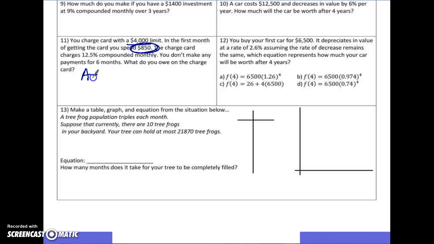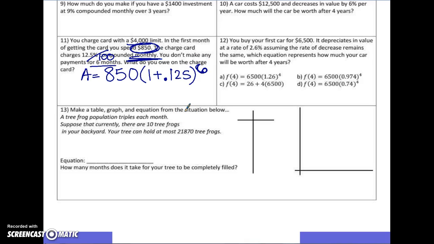So the amount of money is principal. We spent $850. 1 plus, it's 12.5% as a decimal, which is 0.125, and compounded monthly for 6 months. So I would just have the exponent of 6 because it's just 6 months.